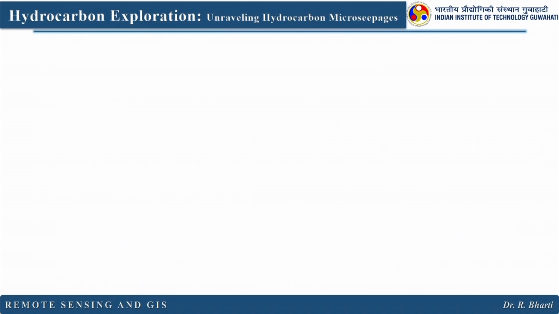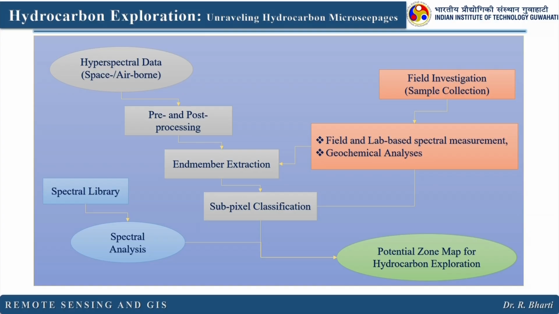Now, the next application is hydrocarbon exploration, where I have given the methodology. In this particular methodology, you can see it starts with hyperspectral data, which can be captured from space or maybe from an airborne platform. Then these data sets need to be pre-processed and corrected for all the errors.